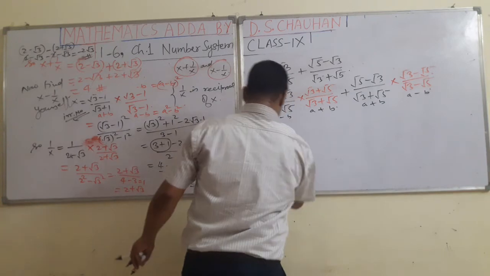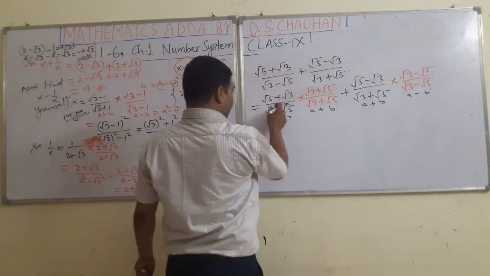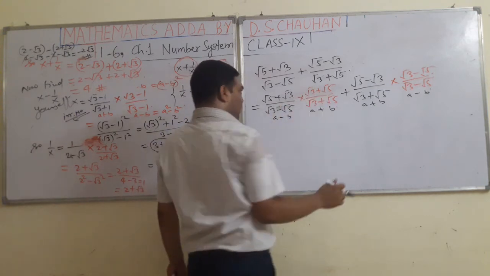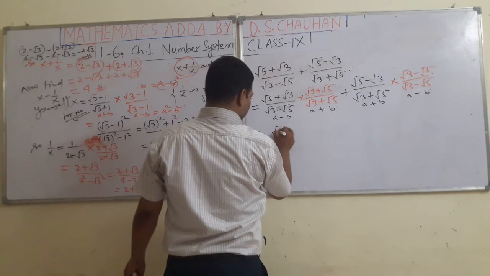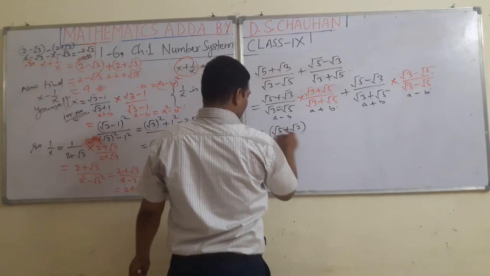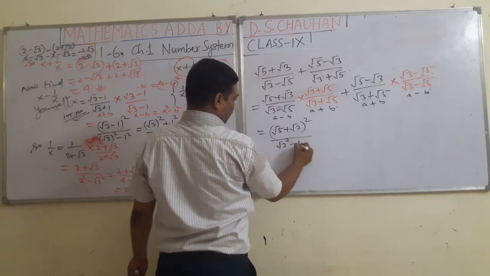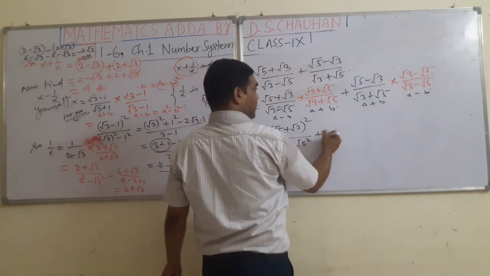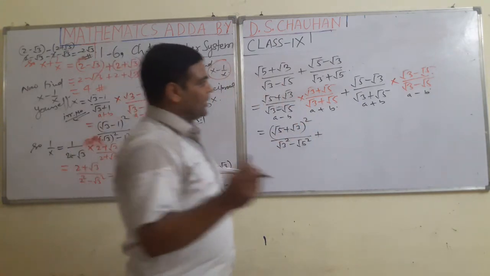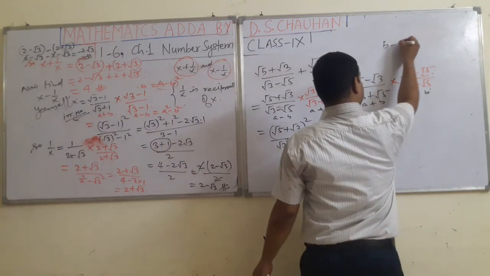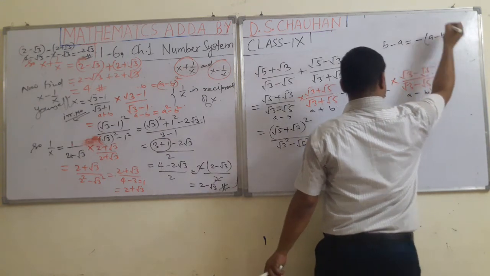Easily try to understand. This is here root a plus root b, plus root a, it is root a plus root b. So easily it will be (root 5 plus root 3) to the whole square, and this is what? Root 3 square minus root 5 square. Plus it is root 5 minus root 3 minus root 5. One thing students, remember b minus a is nothing but minus of (a minus b).